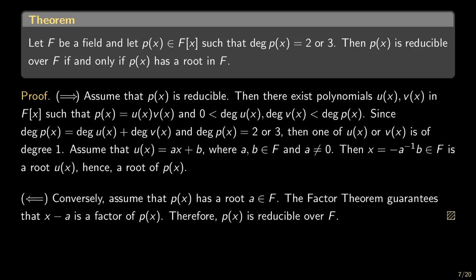Therefore, p of x is reducible over f. So that's the proof. In other words, if the polynomial in question is of degree 2 or 3, then reducibility can be determined by whether p of x has a root in f or not.